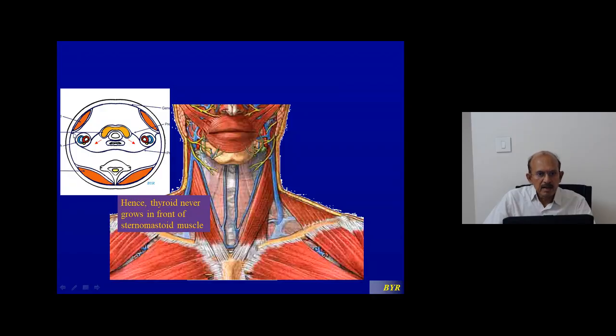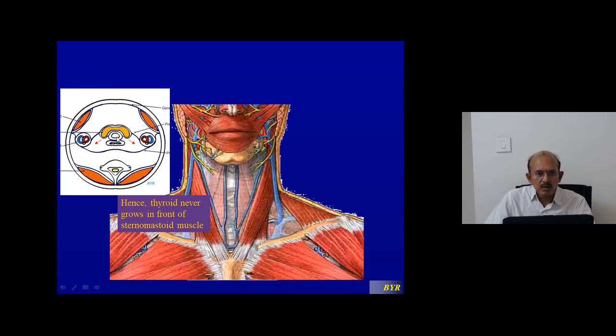Now, the investing layer of the fascia of the neck gives off 2 layers medially. One layer goes in front of the trachea, another layer goes behind the esophagus. Here is the trachea and here is the esophagus. So these 2 are called the viscera of the neck.